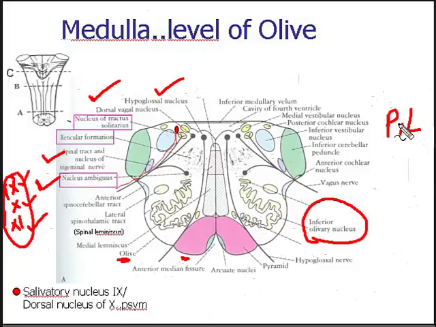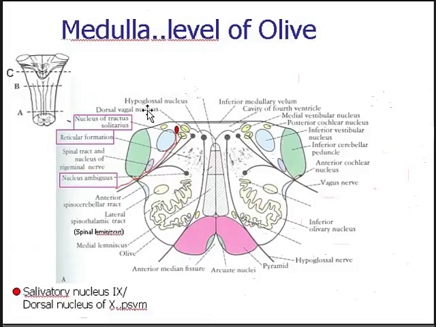So what then is this dorsal nucleus of the vagus? If you remember, the parasympathetic nervous system was related to 4 cranial nerves. The third, seventh, ninth, and 10th.